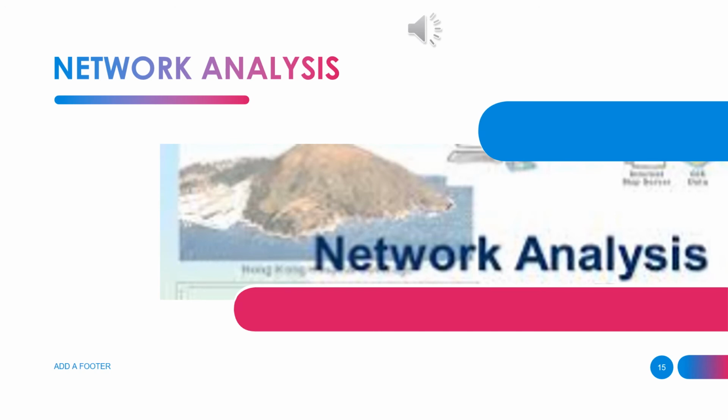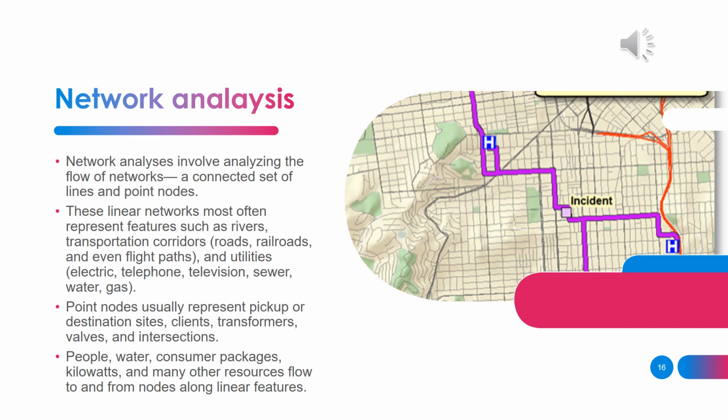And the last one is network analysis. Network analysis involves analyzing the flow of networks, which are connected sets of lines and point nodes. Linear networks most often represent features such as rivers, transportation corridors like routes, railroads, and even flight paths, and utilities like electric, telephone, television, sewer, water, and gas.